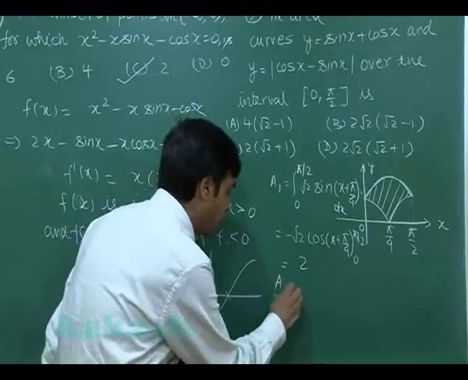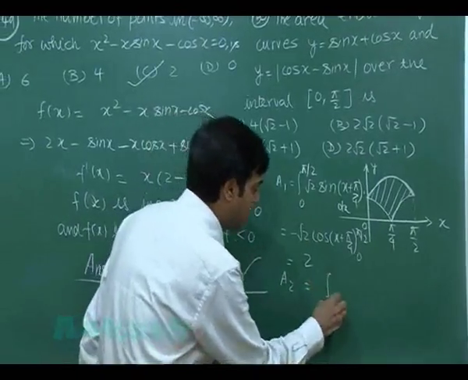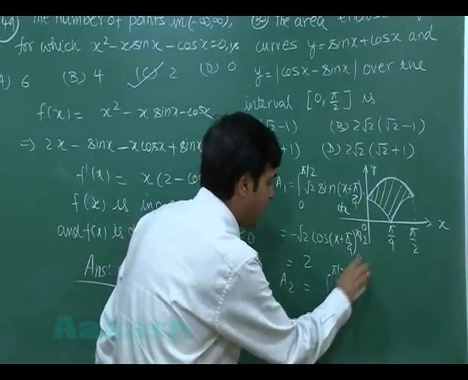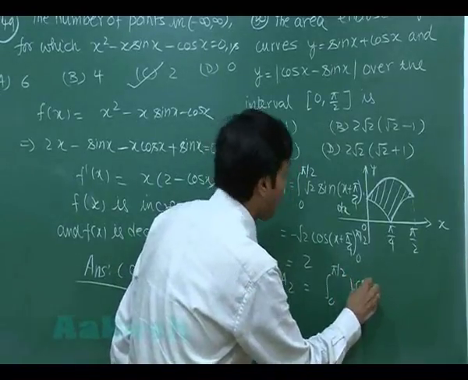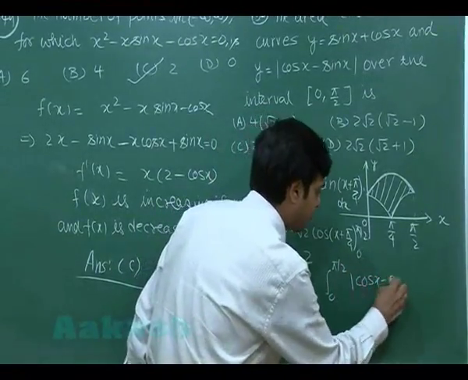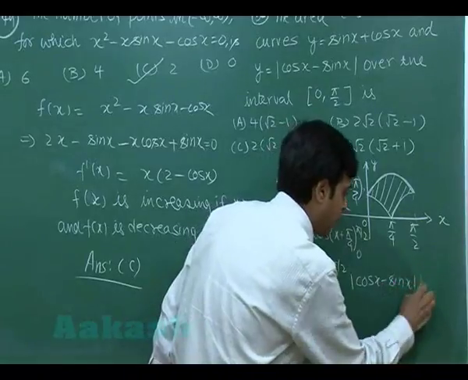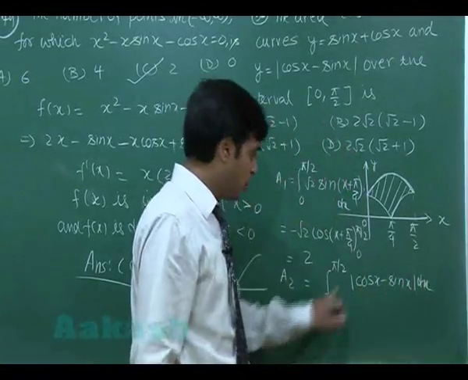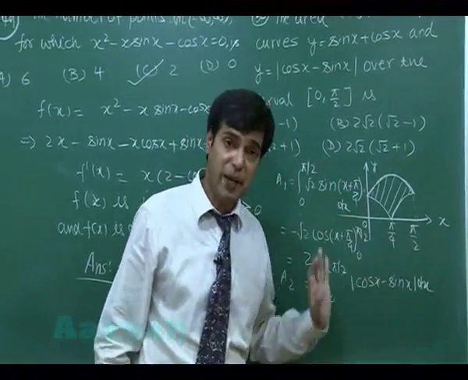Let's talk about A2. A2 is integral 0 to pi by 2 of modulus of cos x minus sin x, or root 2 times mod of sin of x minus pi by 4.